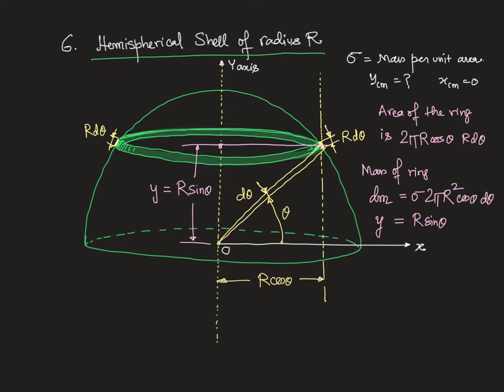So what's YCM? YCM is integration of y dm divided by M. Now what is M equal to? M is equal to sigma multiplied by the area of the hemispherical shell, that is 2 pi r square.